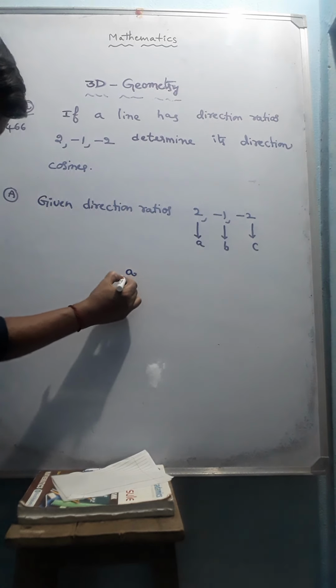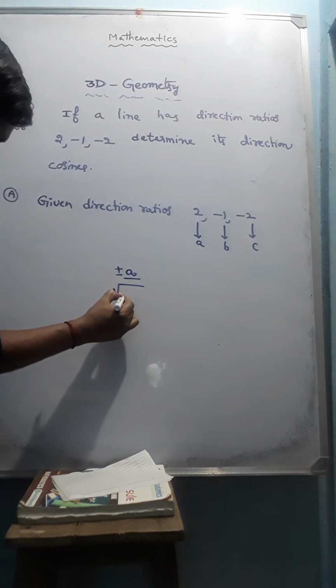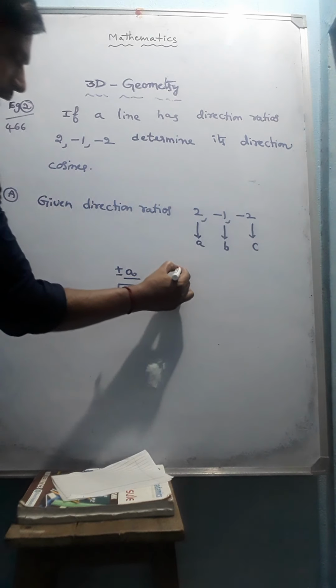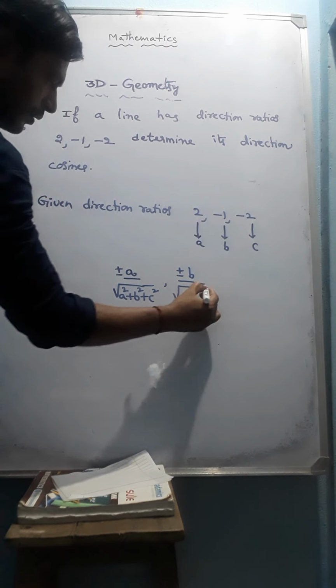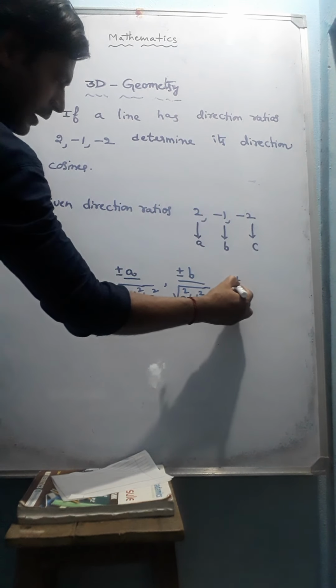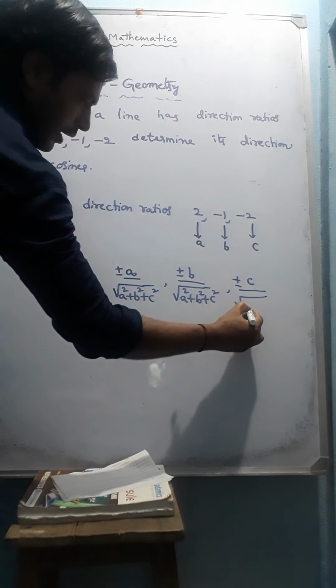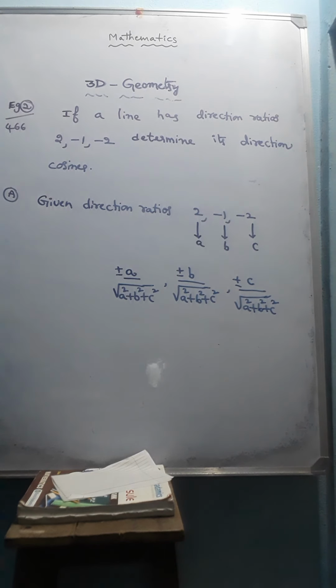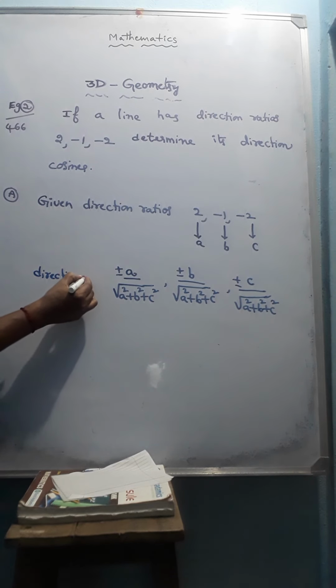The relationship between direction ratios and direction cosines is plus or minus a by square root of a square plus b square plus c square, comma, plus or minus b by square root of a square plus b square plus c square, comma, plus or minus c by square root of a square plus b square plus c square. This is the relationship between direction ratios and direction cosines. So here you should write direction cosines.